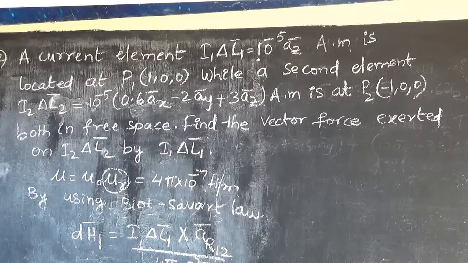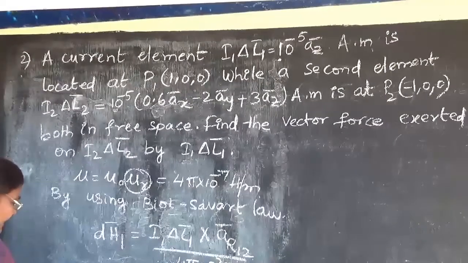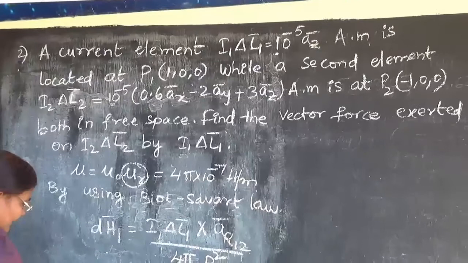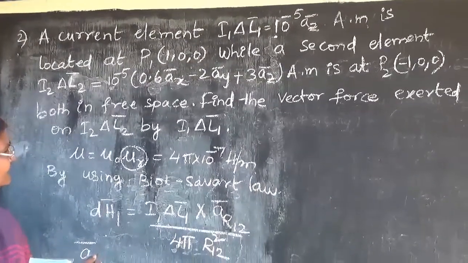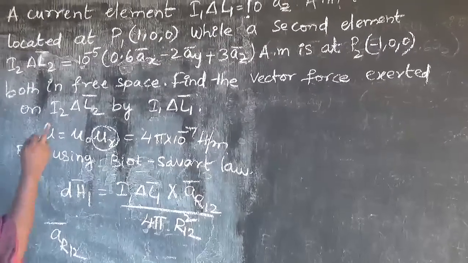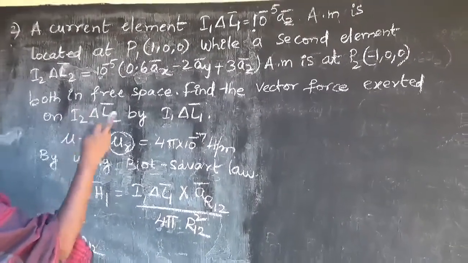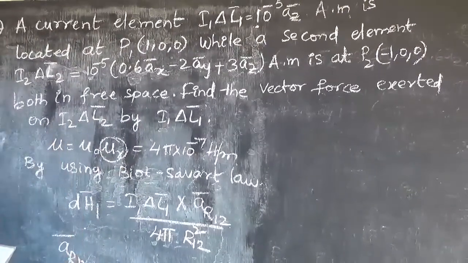So first you have to find AR12 bar. So you have 2 points. And you know that first point is 1 0 0 and the second point is minus 1 0 0. So what is R12 bar?